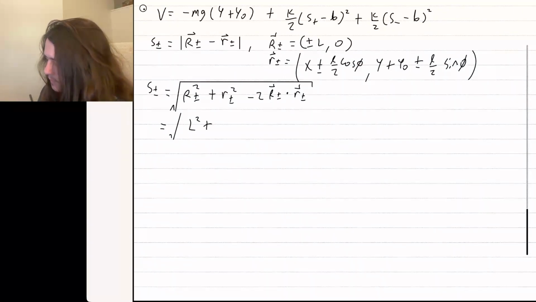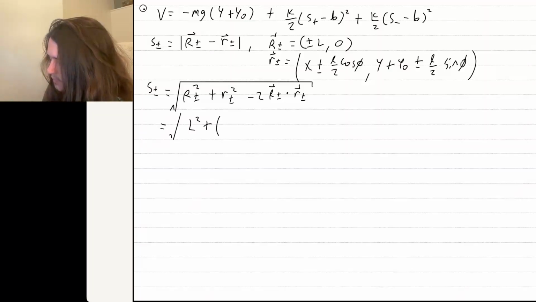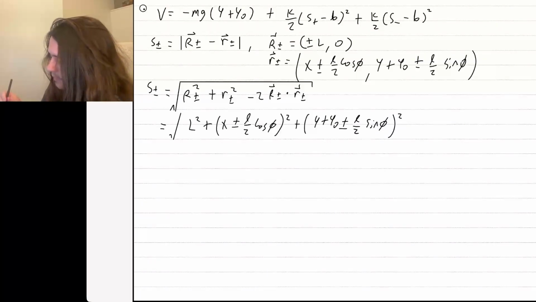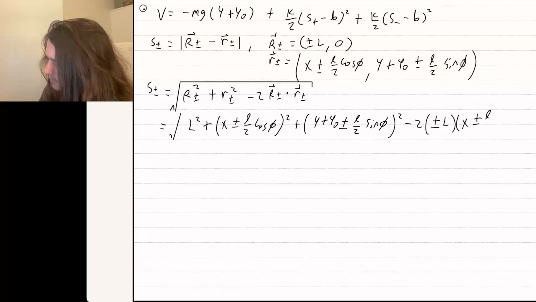And then this is plus the dot product of little r with itself, so it's x plus or minus L over 2 cosine phi squared, plus y naught plus or minus L over 2 sine of phi squared, and then minus the dot product of the two, so that's minus 2 times plus or minus L times x plus or minus L over 2 cosine phi.